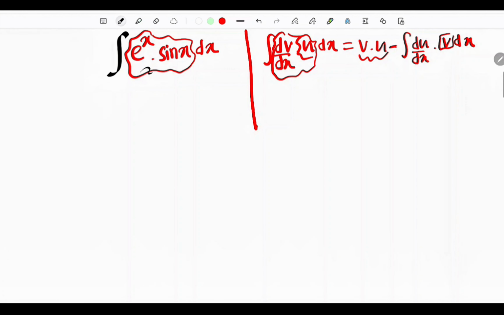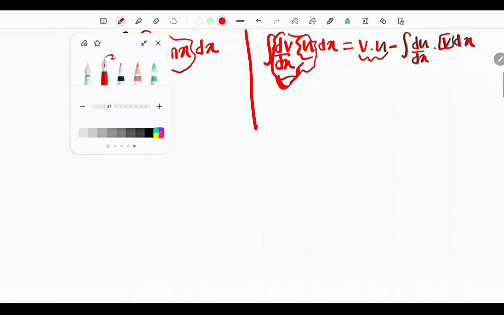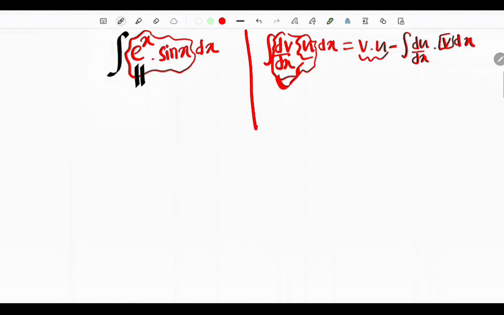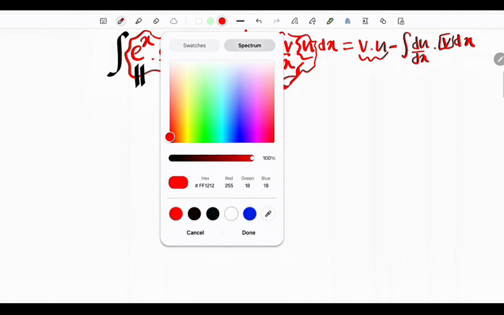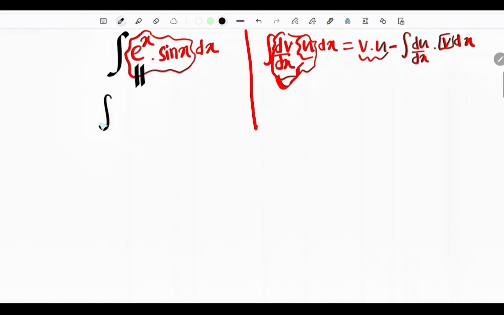Here, for ease of simplification, I can take this e^x in the form of differentiation, because that's the simplest thing. Let me get another color, black. Here I can write for this e^x the differentiation of e^x, because we know that the differentiation of e^x gives the same e^x, that is not getting changed, right?